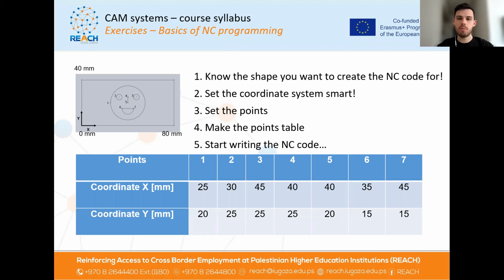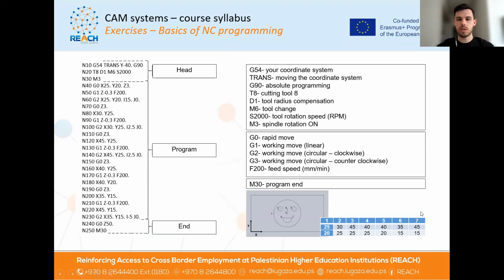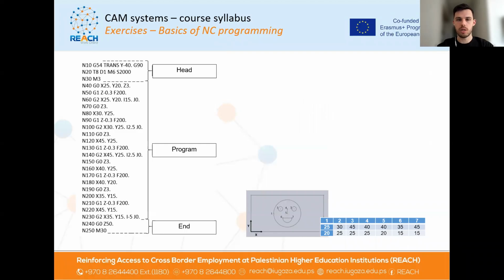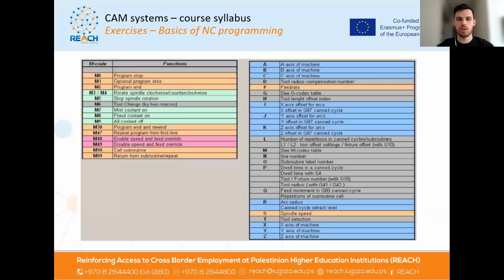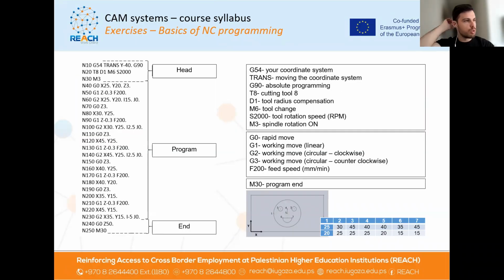And these 7 points he then uses to create the ANSI code. So in order to make that smiley face, the students, based on the main and additional codes that I showed you, if I go back, these two codes, he will choose the selected ones, the proper ones he needs.